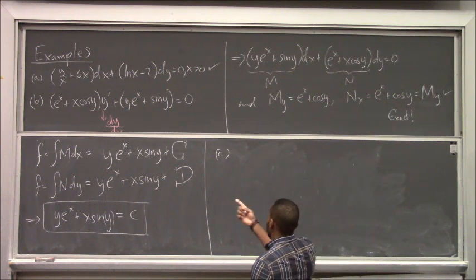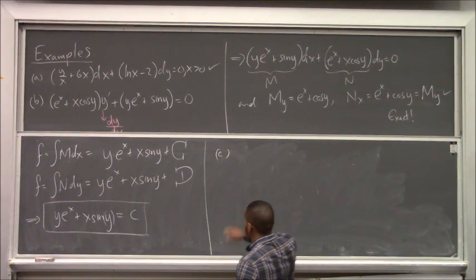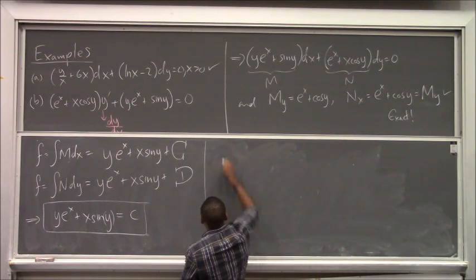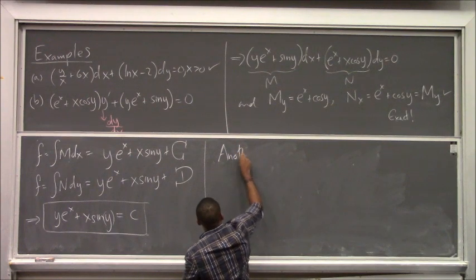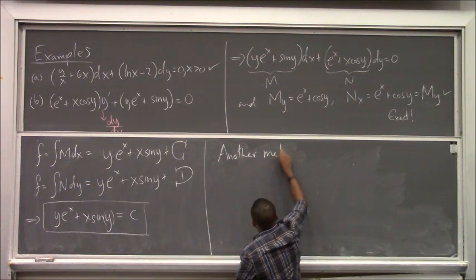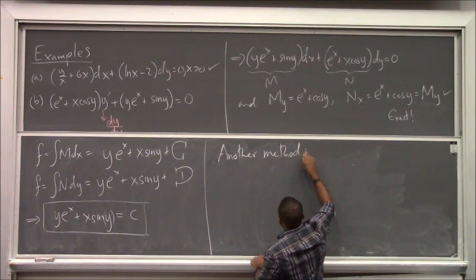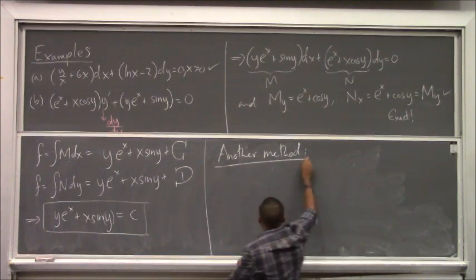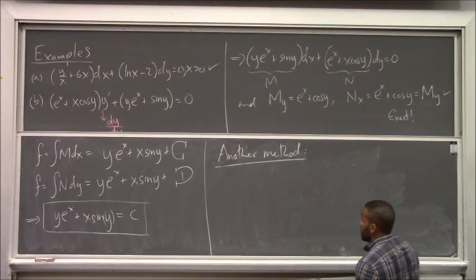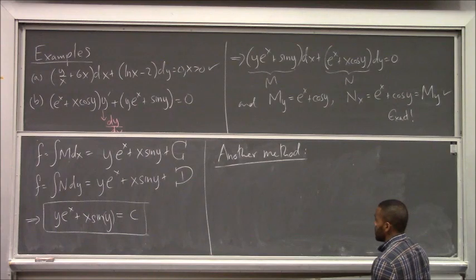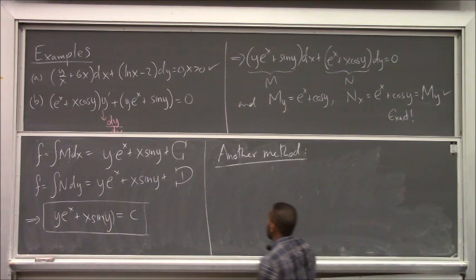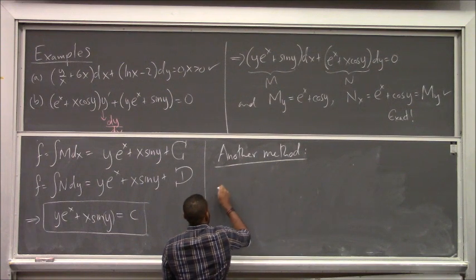I find this easier, but there's another method which your book talks about, and some people do that. If you fancy that method, you can do it, but I particularly don't. In the other method, you kind of cycle through the derivatives. So you would go through.